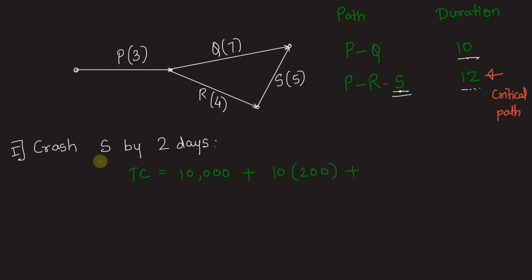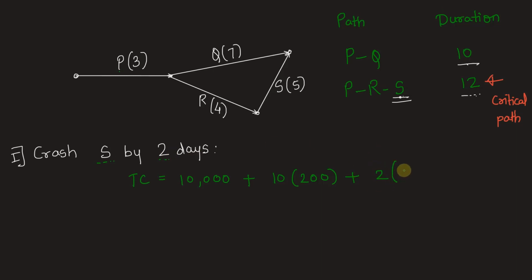Plus, for crashing activity S, we will have to bear an extra cost, and that cost will be the duration by which the activity is crashed, that is 2 days, times the cost slope of activity S, which is 200 rupees per day, the minimum among PR and S. And that is why we have chosen activity S to crash. Adding up all the terms, we get 12,400 rupees. This is the total cost after we have crashed activity S by 2 days.